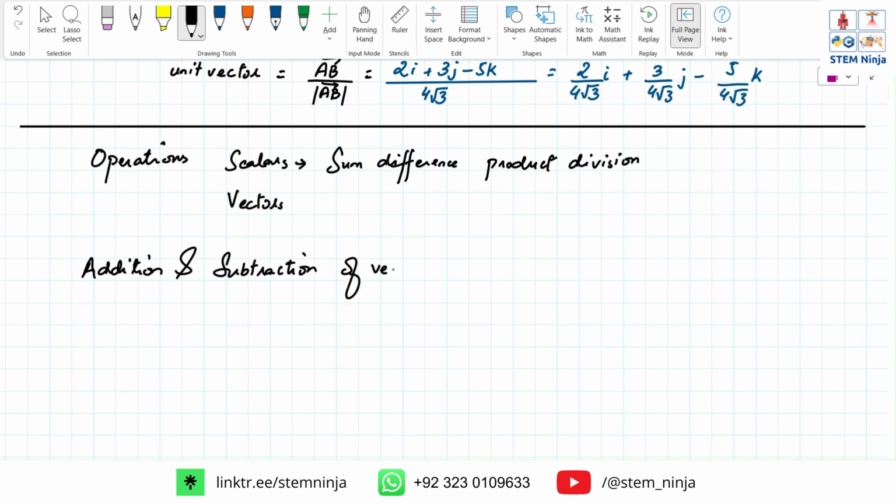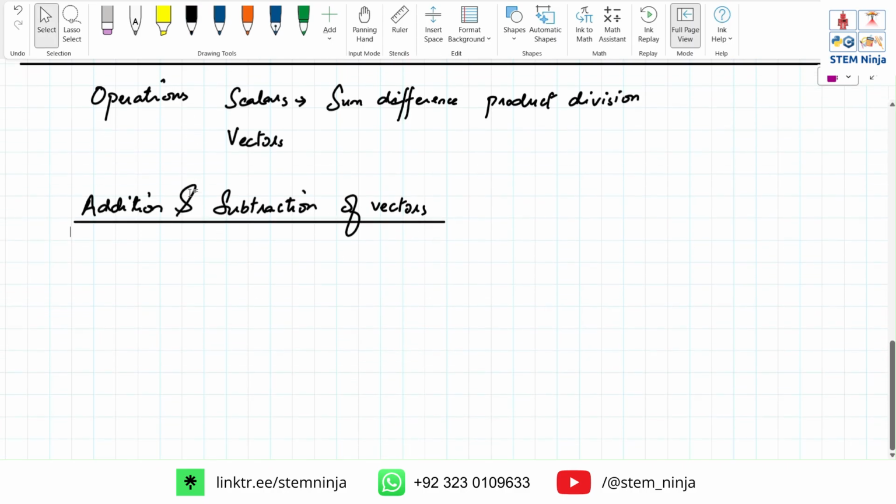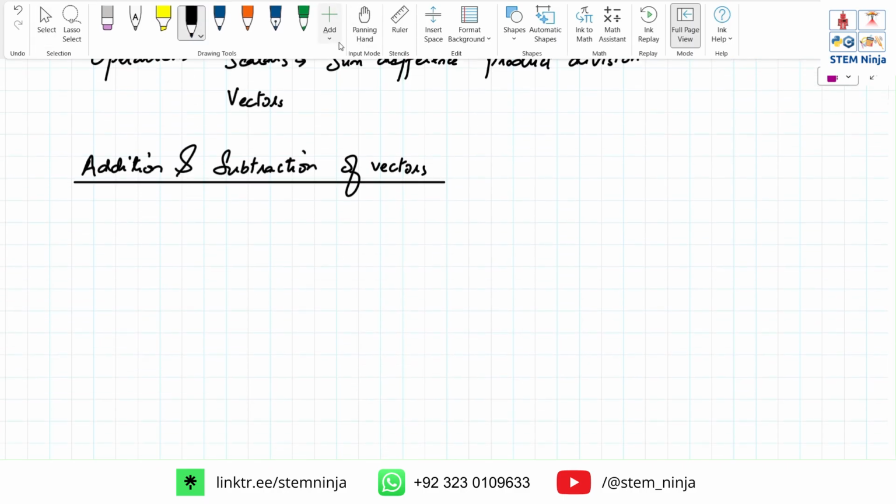Of vectors. Now, since these vectors are not just numbers, they have directions also, so we can represent them visually also. Now, how this works.